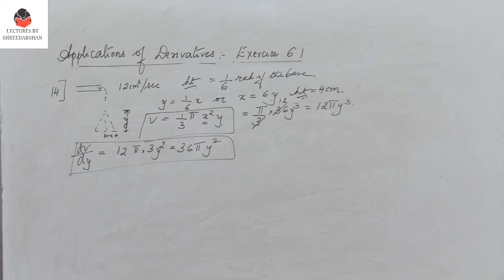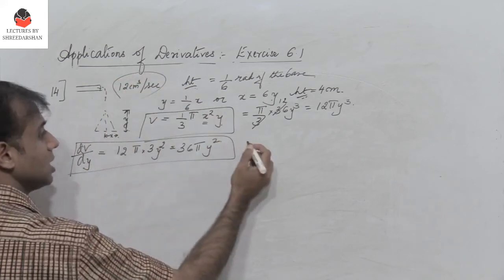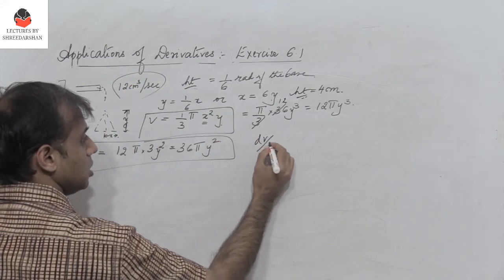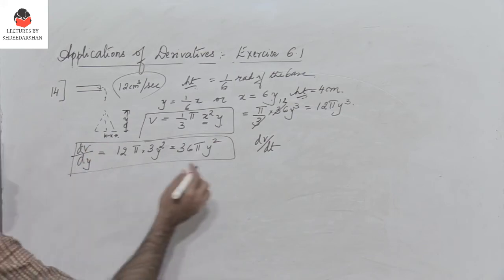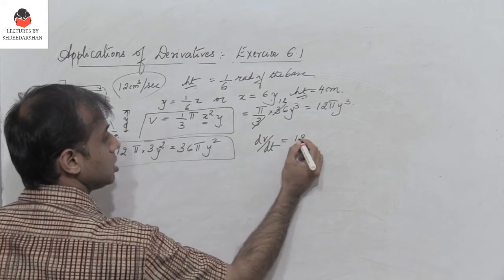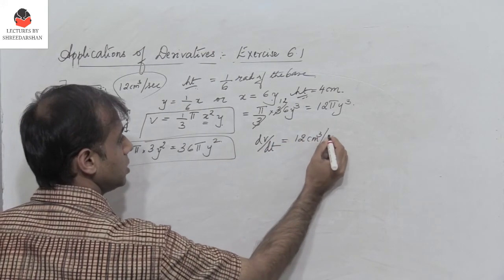Now what is being given? It's given that the sand is being poured from the pipe at the rate of 12 centimeter cube per second. This indicates the rate of change of volume of the cone, isn't it? So dV by dt is 12 centimeter cube per second.